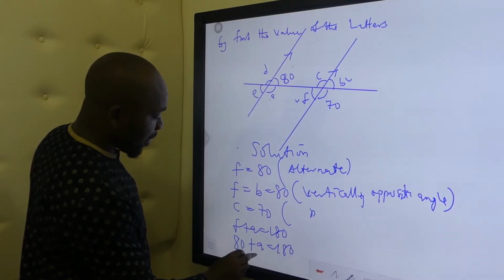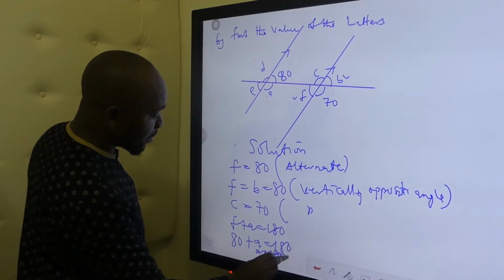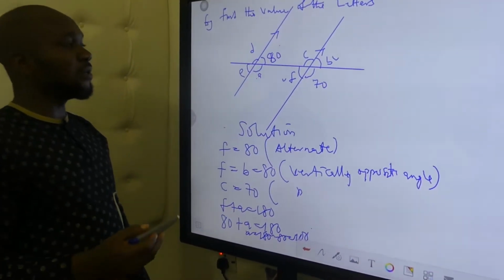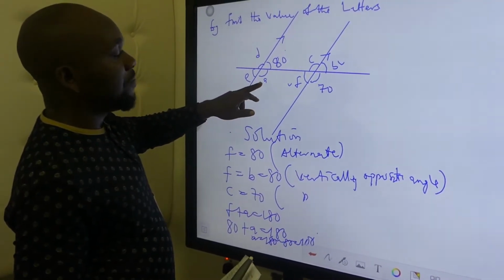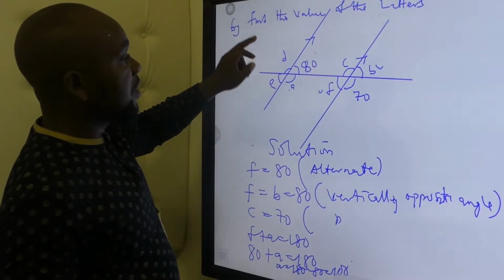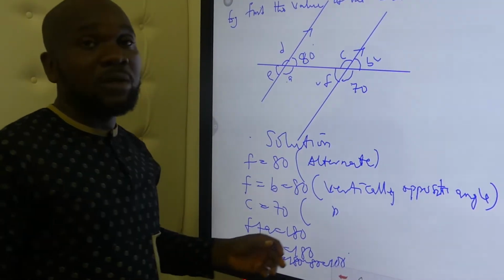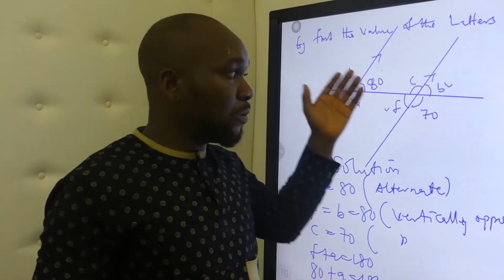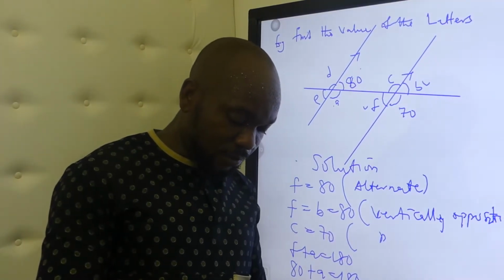So, therefore, A is equal to 180 minus 80, which is equal to 100 degrees. If A is 100, here is 100, vertically opposite. 80 is here, here is 80, vertically opposite angle. So all these things are in your notes. If you get your notes, you read more, you understand more about it.